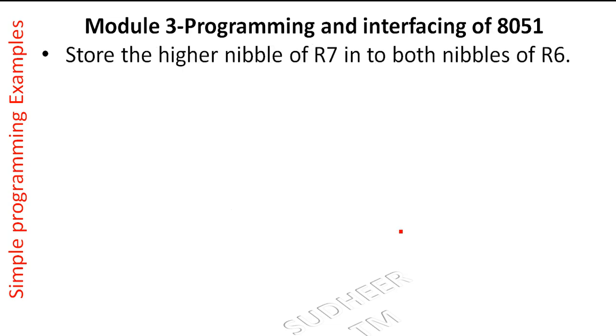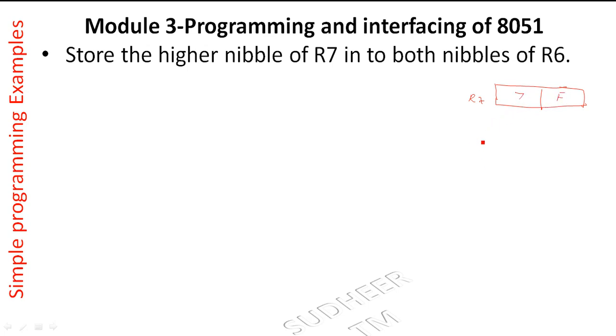Next, store the higher nibble of R7 in both nibbles of R6. So the question is very simple. We have register R7, say let it be 7F.